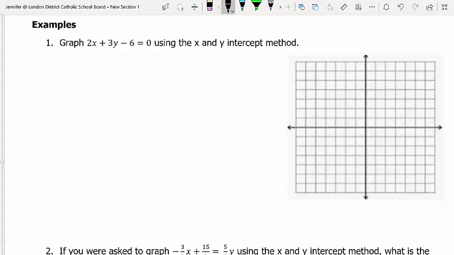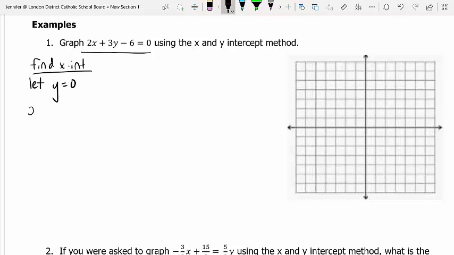So let's do that. So we are asked to graph this line using the x and y-intercept method. So let's find the x-intercept and then the y-intercept. So remember, to find the x-intercept, you let y equal 0. And then we solve.